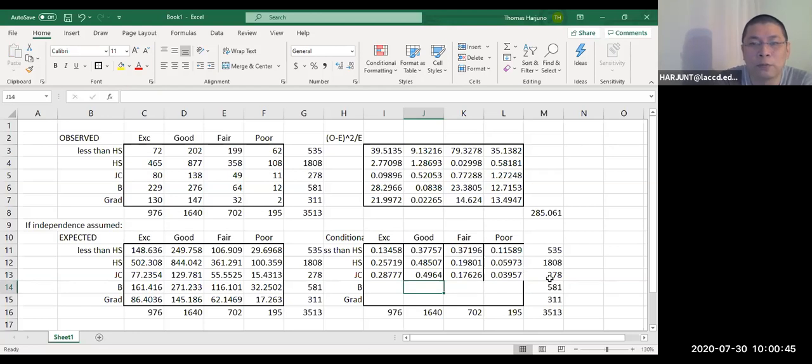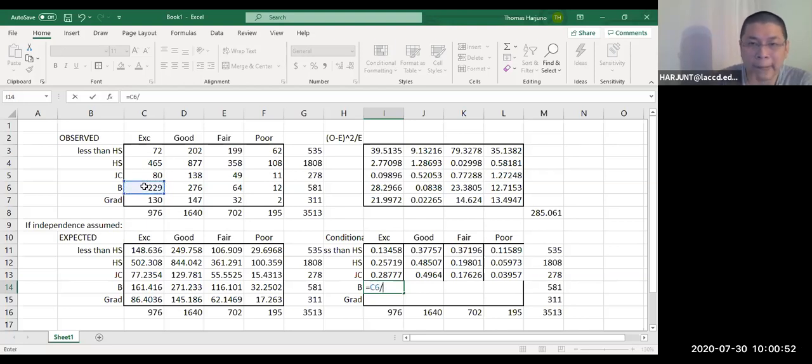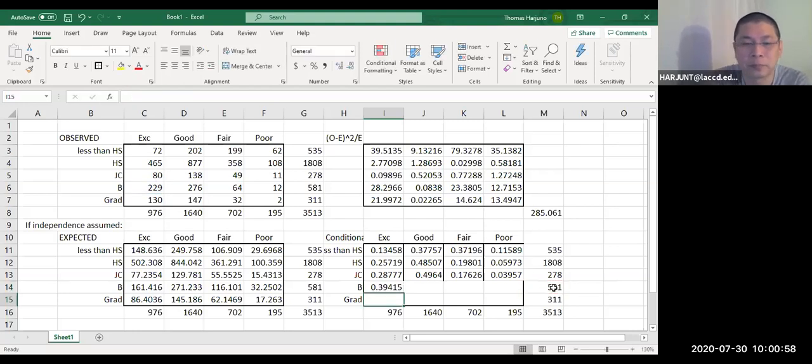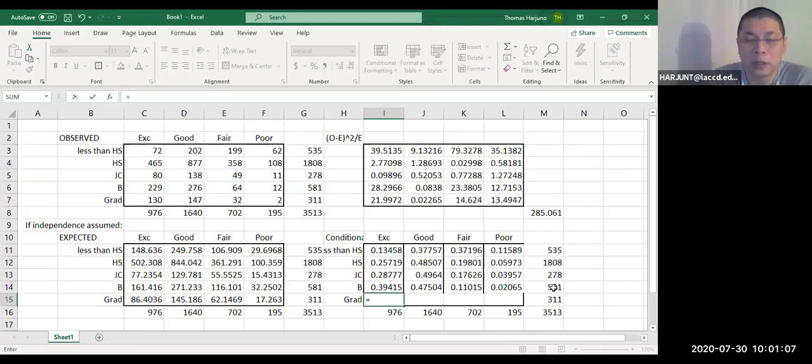So this will give you the conditional probability for the health condition given the level of education.